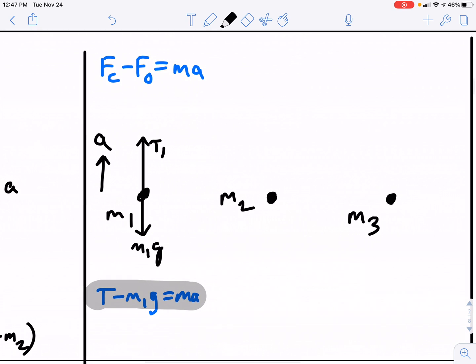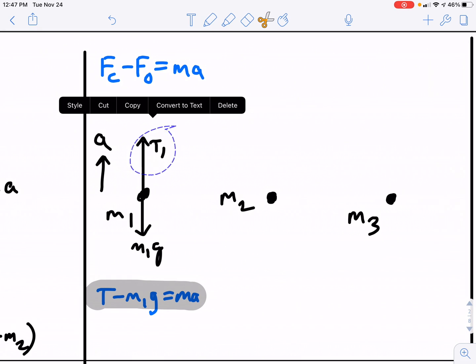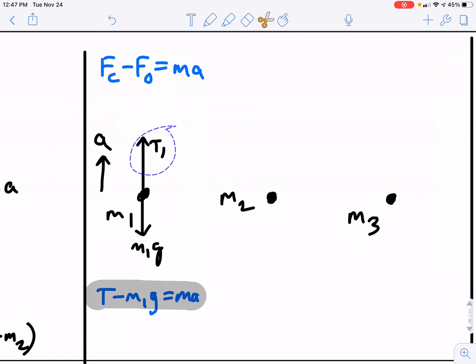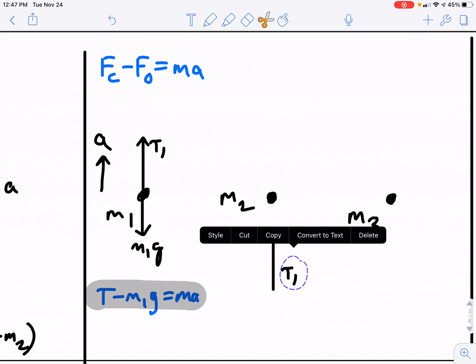For the forces acting on M2, you have the same tension 1, but it's applied in the opposite direction. So I'm going to remove that. Move it down.